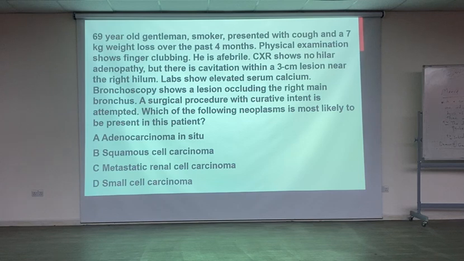طيب next is a clue. Finger clubbing. بس هذا مش strong clue صح؟ احنا قاعدين عم نجمع فيهم بس ممكن ينشاف حتى بشخص نورمال ما عنده أي مرض. then قبل he is afebrile ما عنده حرارة، شو بنستفيد؟ بدي أقول لك إنه ما في infection، ليش؟ لأنه lesion is causing cavitation and your number one differential diagnosis في lesion عامل cavitation إيش؟ tuberculosis أو infection سواء كان fungal أو bacterial infection.